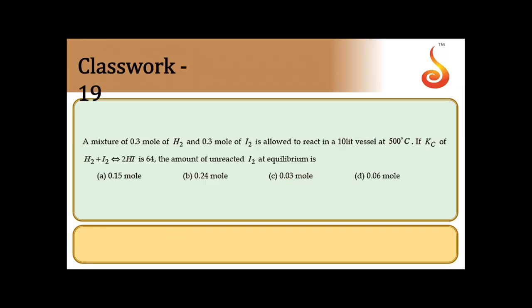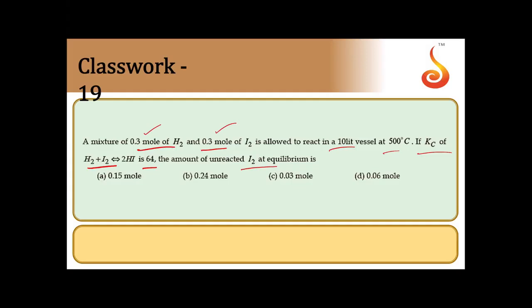The next: 0.3 moles of H2 and 0.3 moles of I2 are allowed to react in a 10 liter vessel at 500 Celsius. If Kc of H2 plus I2 giving rise to 2HI is 64, the amount of unreacted I2 at equilibrium is. So 0.3 moles of H2, 0.3 moles of I2 allowed to react in a 10 liter vessel.